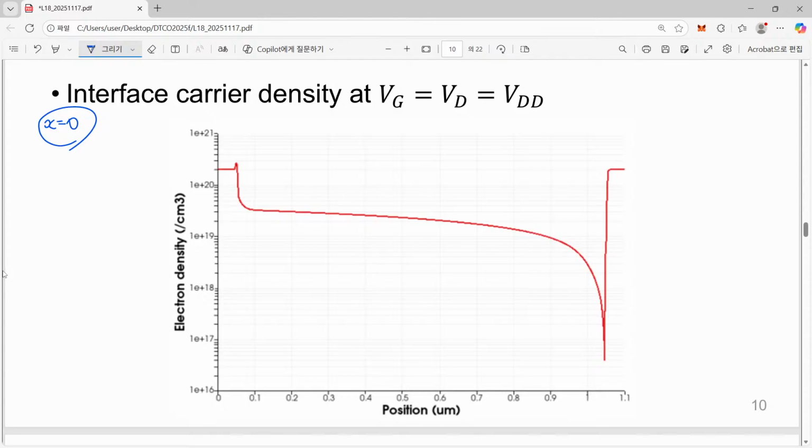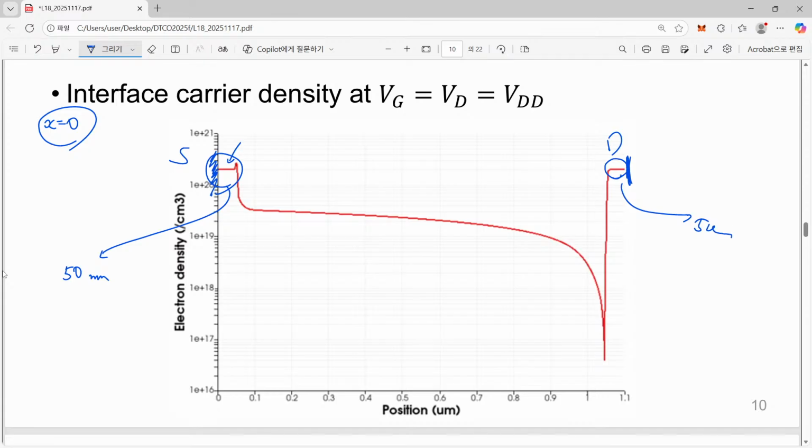What this means is that here we have the source contact, and this part is the source region, and also the drain contact is located here, and here we have the drain region. Please note that this is not that short actually, because we have a quite long channel, so relatively it looks like short regions. However, it is still already 50 nanometer, and this is 50 nanometer, sufficiently long.